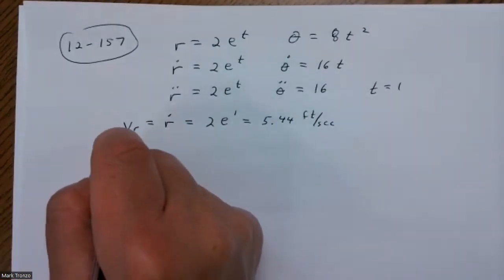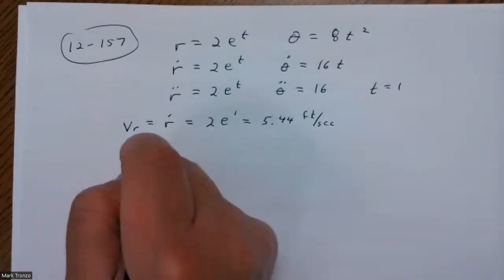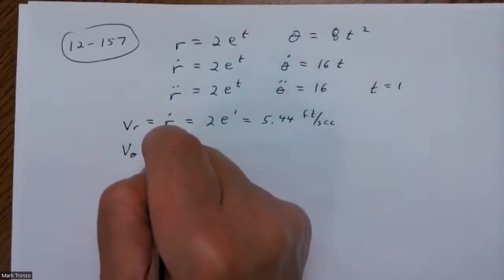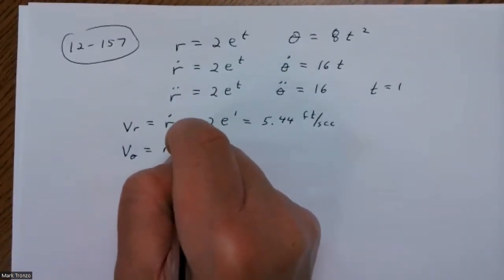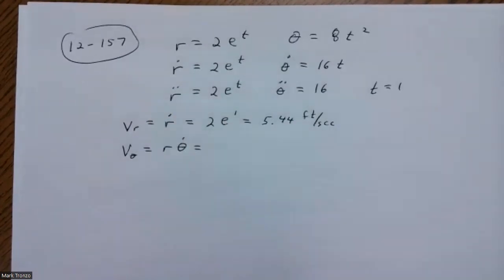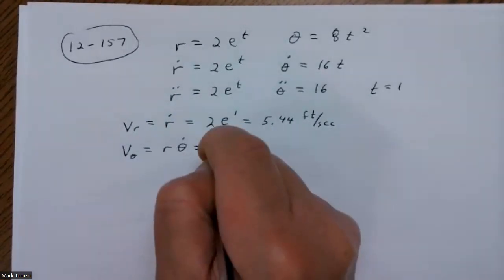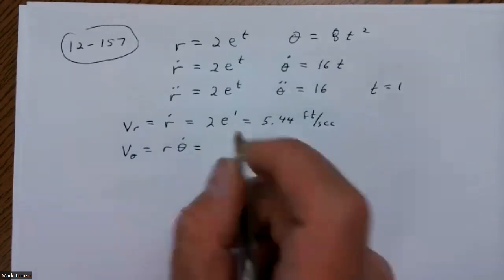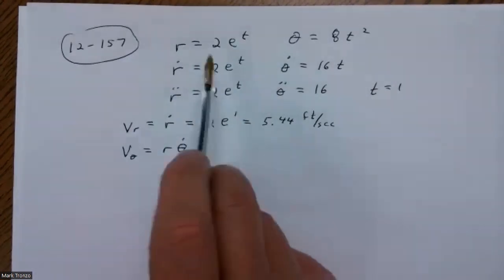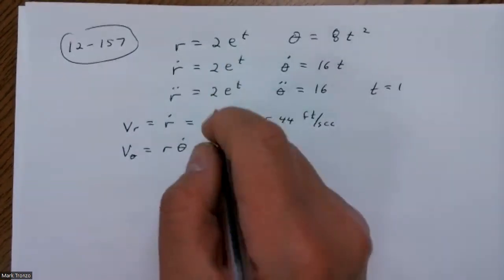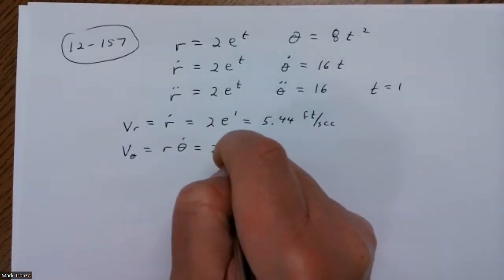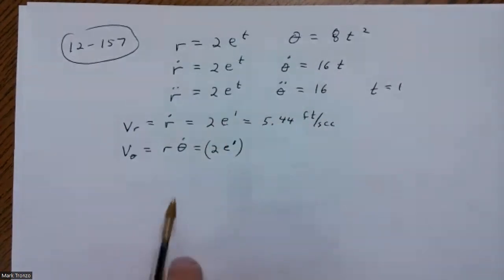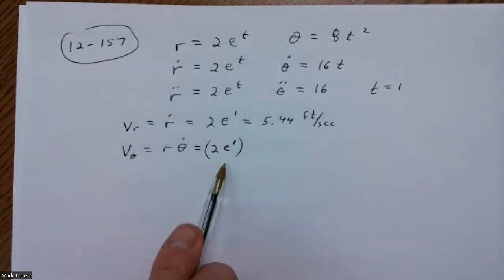And V theta, according to our equations, is going to be r theta dot. Once again, you don't have to memorize those. We're going to need what r is. r was 2e to the first, so I just put in what r was here.